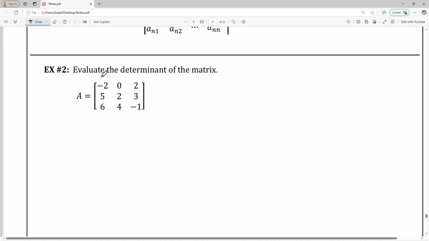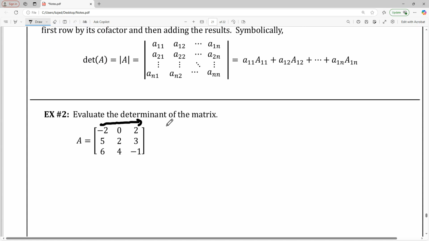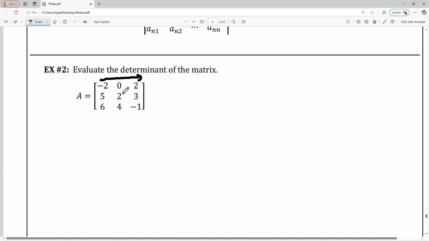I'm going to go along this first row here, and I need to find their cofactors. So to find the determinant of this matrix, first things first, we need to find the cofactor of 1, 1. I need the cofactor of 1, 2, and I need the cofactor of 1, 3.